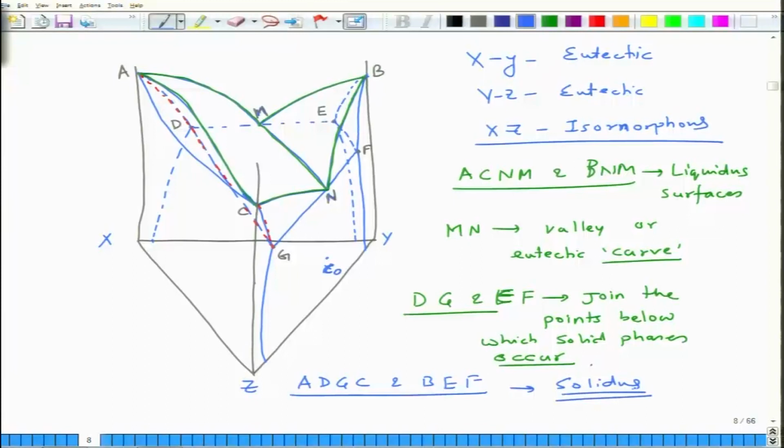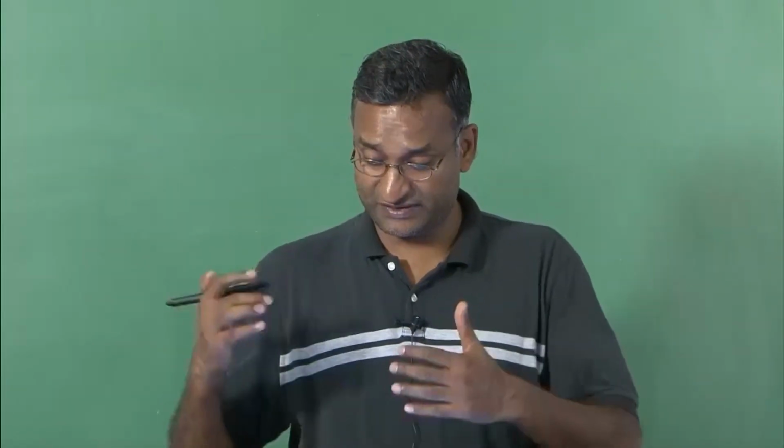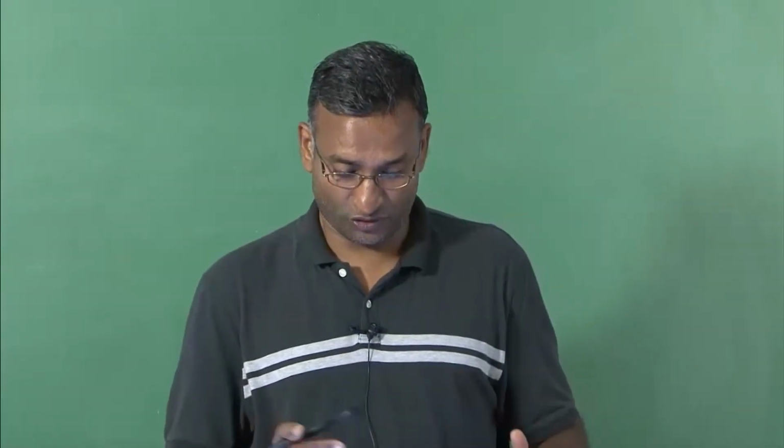They basically separate the two-phase liquid plus solid region from the solid region. So these are the various surfaces and boundaries which separate the liquid plus solid regions from the solid regions. In between you have the solvus boundaries.